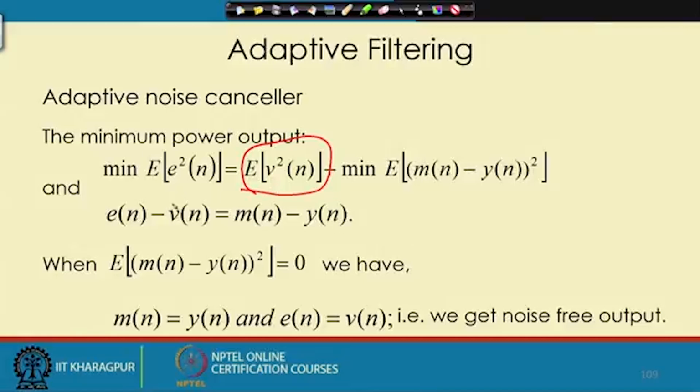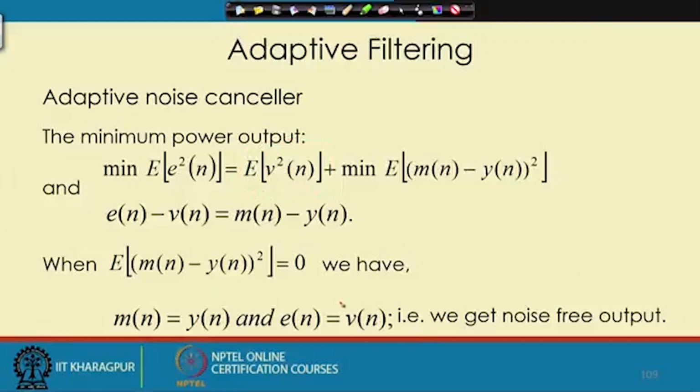The reason is that the minimization is done by changing the tap weights of the FIR filter. That does not have any effect on the energy of the input signal. However, it can change the estimate y[n], and thereby it can change the second term, m[n] minus y[n]. So, when we minimize the error, the second term can be minimized, while the first term remains unchanged.